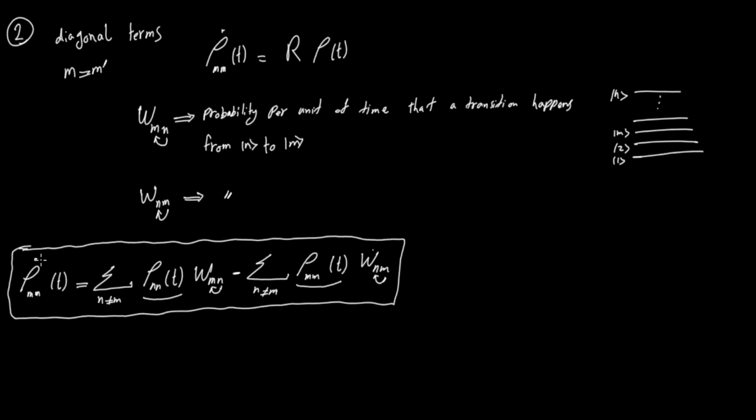We're going to stop this video at this moment, but maybe as a final point, I'm going to write very briefly what these are. So this is the instantaneous temporal changes of rho mm at time t.